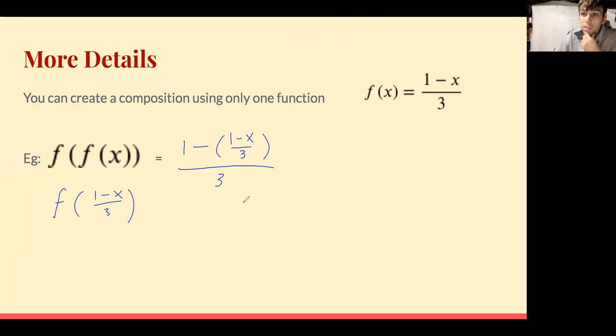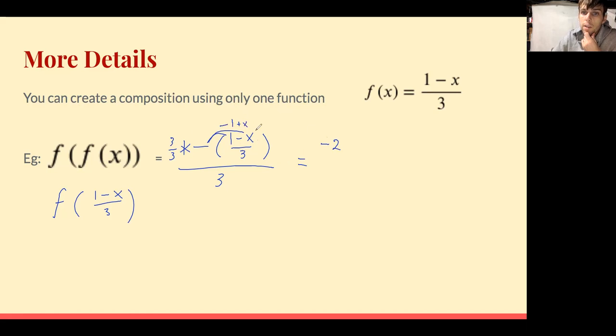And from here, there's just a little simplifying to do. 1 can be thought of as 3 over 3. So I can write 3 over 3 minus 1 minus x over 3, kind of get things rolling that way. So 3 minus 1 is negative 2. We're distributing that negative, so it's a negative 1 plus an x.